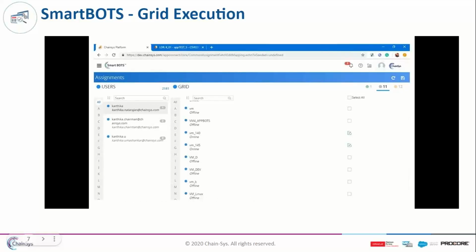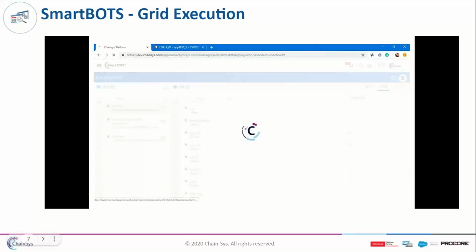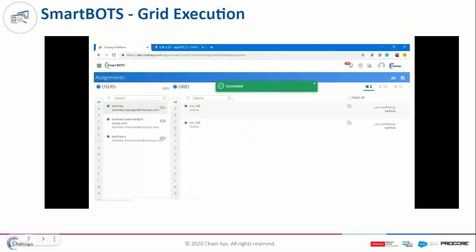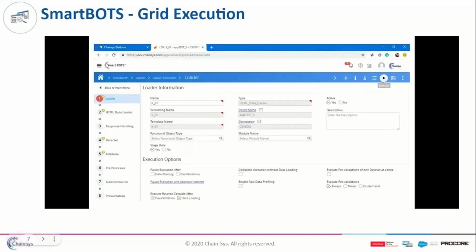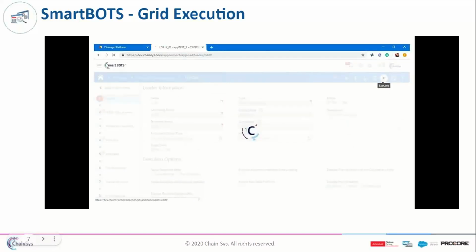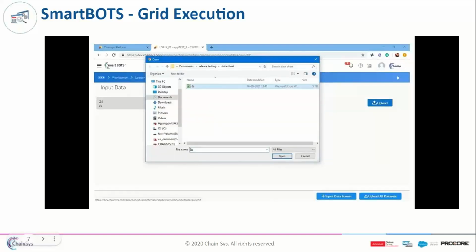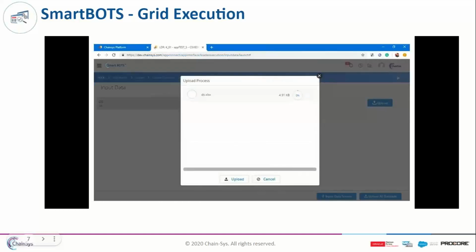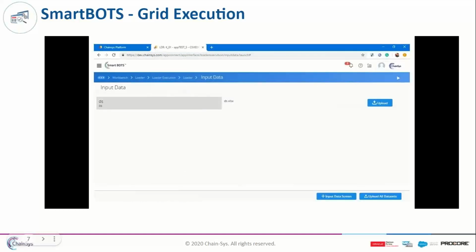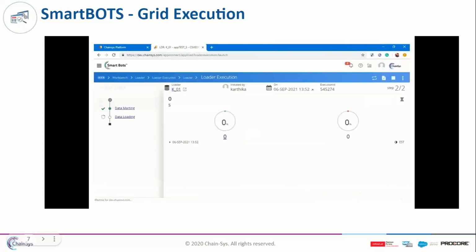So it's selected on VM, and it's assigning the 2 VMs for that particular user. So when you run any bot, the bot queue will check whether that particular VM is available to execute the bot. If it is available, it will route the process to that particular system. So we are going to run 2 processes now. We are running the bot with the test data. We are uploading the test data, and we are running the bot.